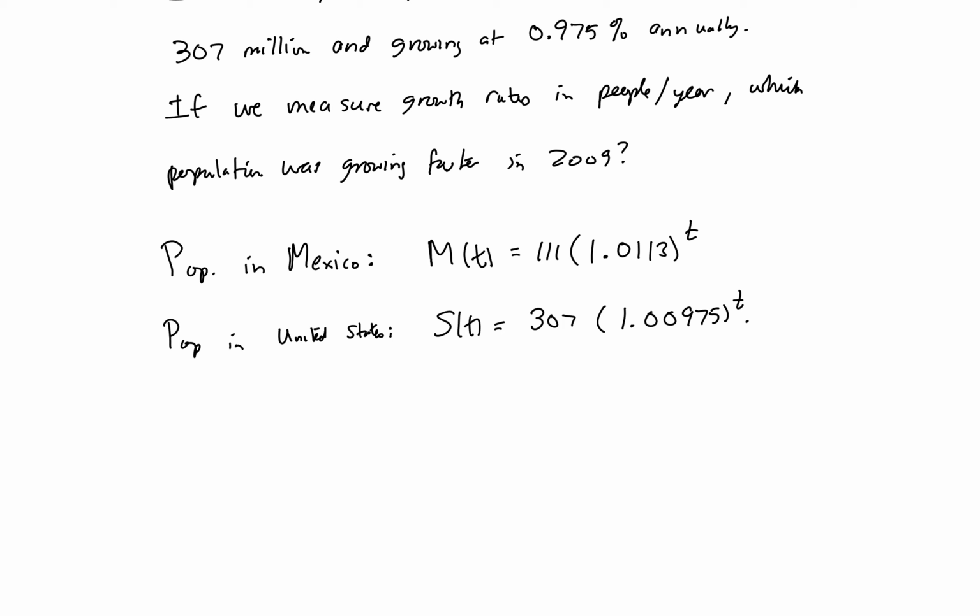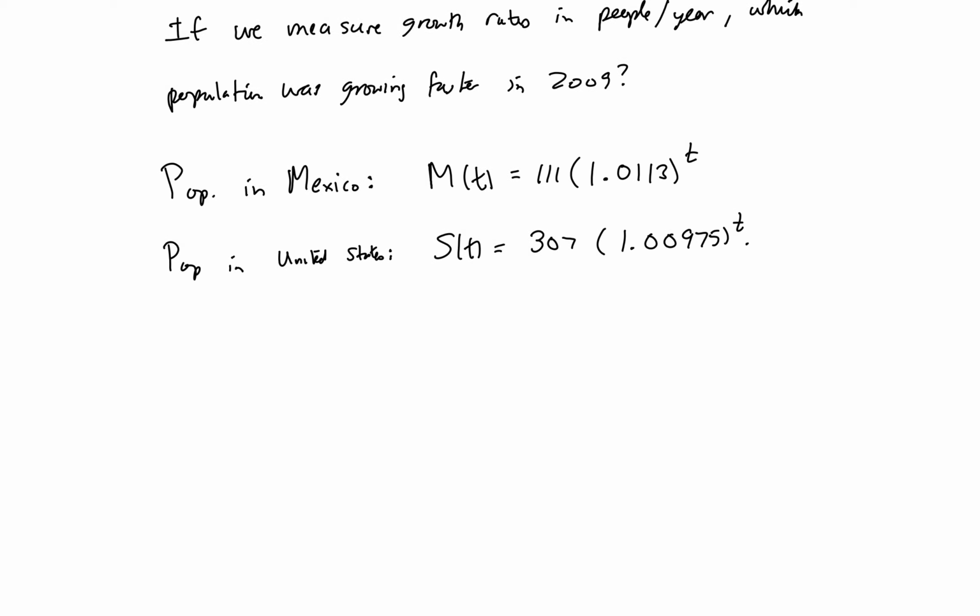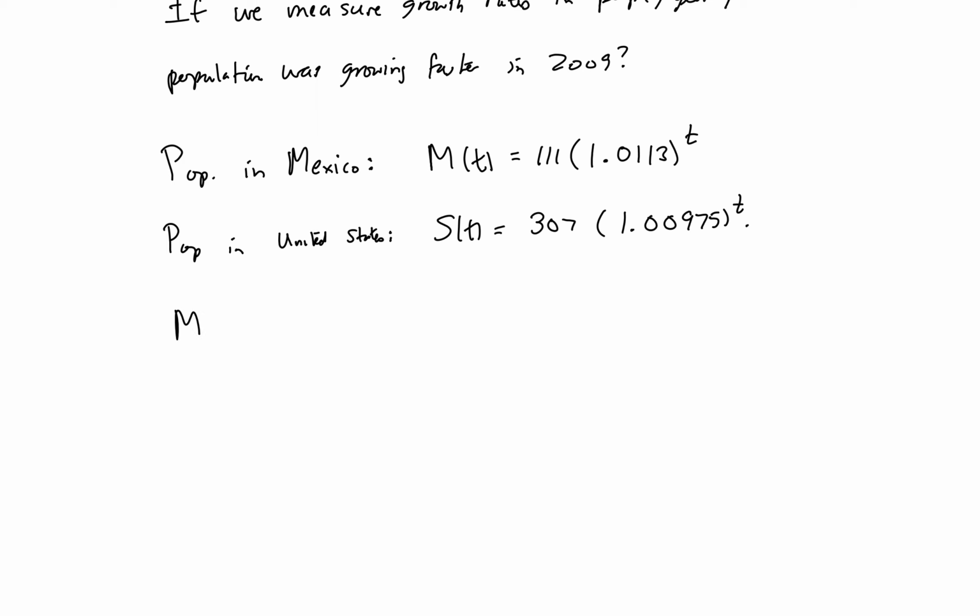So we're looking for the rate of growth here, so we want people per year, so we want to look at the derivatives of these. So this will be 111, then natural log, and for the population of the United States, it's going to be 307.